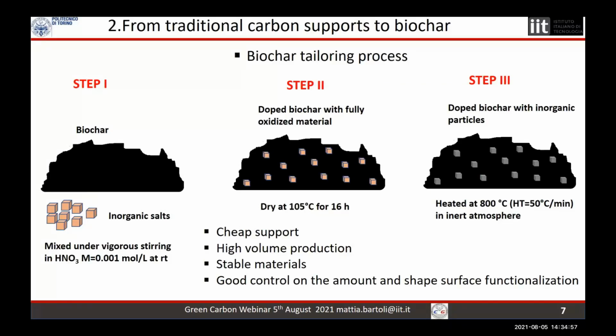We produce a salt-impregnated biochar, and after that we reheat it under the same conditions as the original production of biochar. In this way, we anchor metal sites on the surface of biochar. I'll go into more detail on this technique in the next slides.